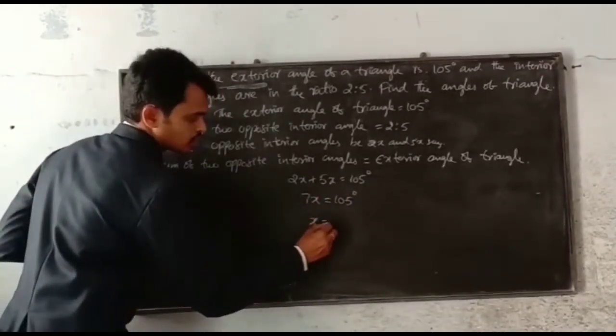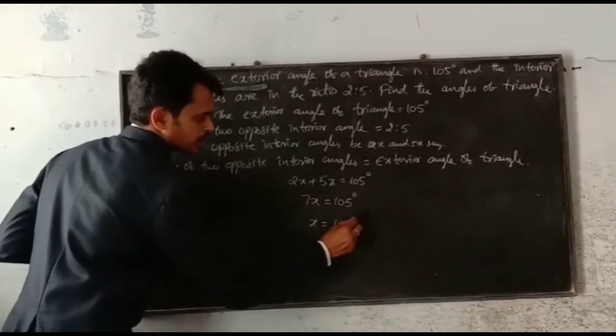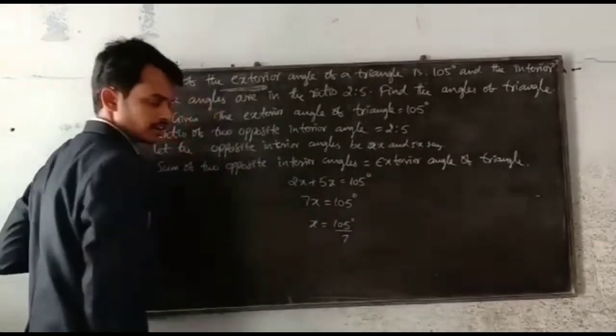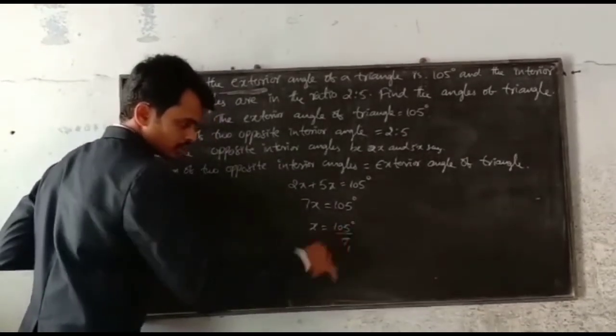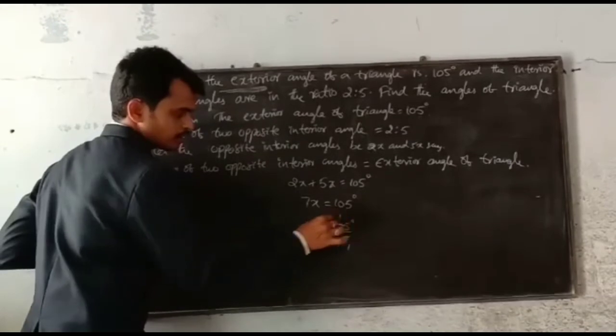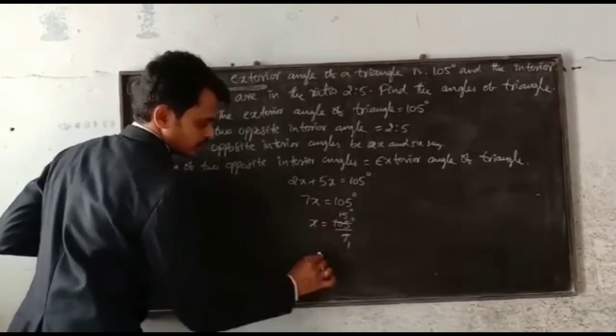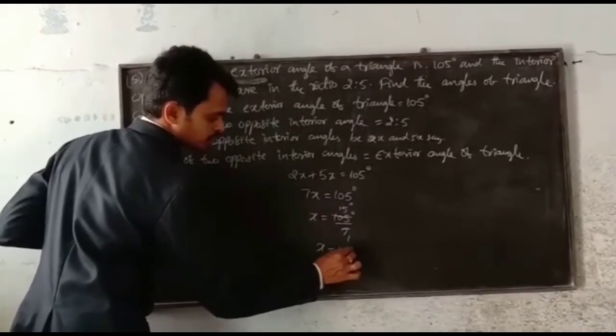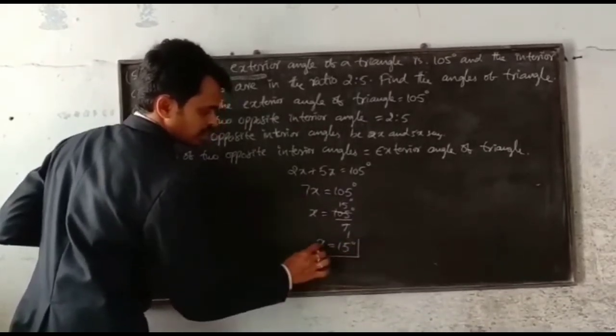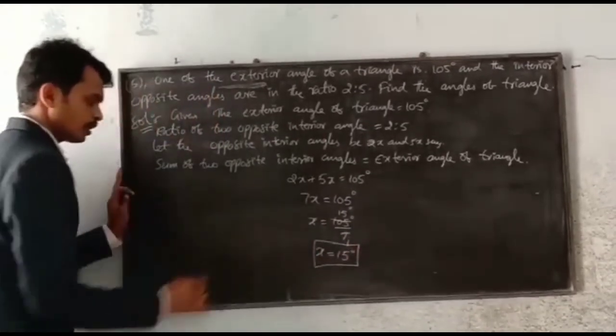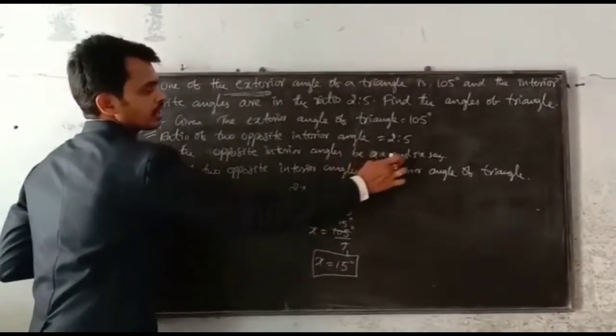Now x is equal to 105 degrees divided by 7. Cancelling, 7 ones are 7, remaining 35, 7 fives are 35. So the x value we got is 15 degrees. Now we have to find the interior angles.